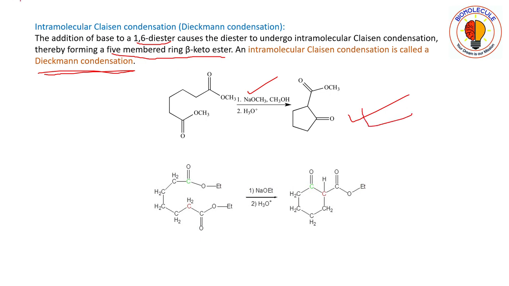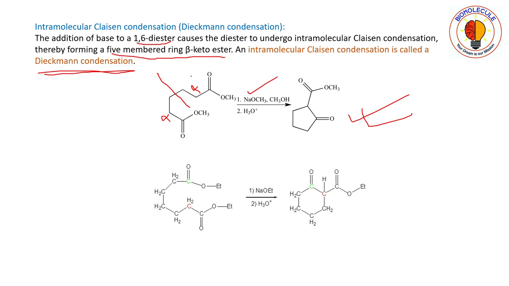Here intramolecular Claisen condensation reaction is taking place. Now you see that this portion contains an alpha carbon and this also contains an alpha carbon, but this molecule is a symmetrical molecule. You can see over here, if you break this bond, then you see two carbon atoms, then the same ester group.